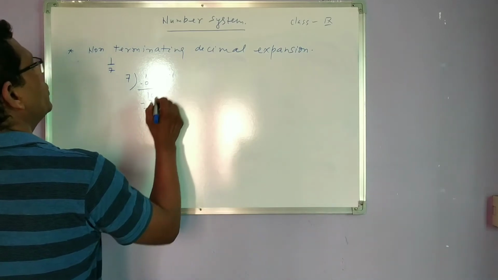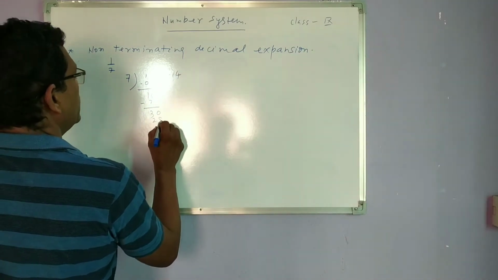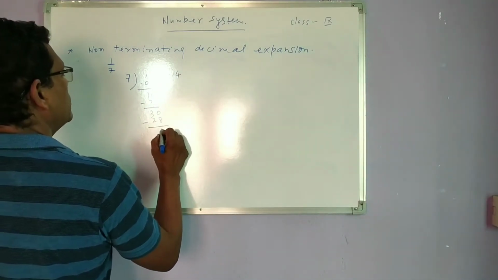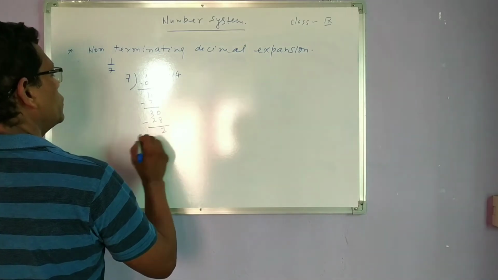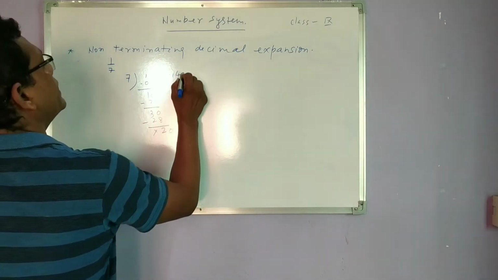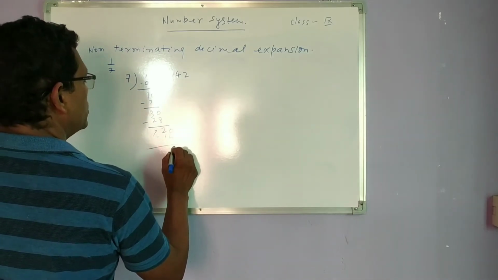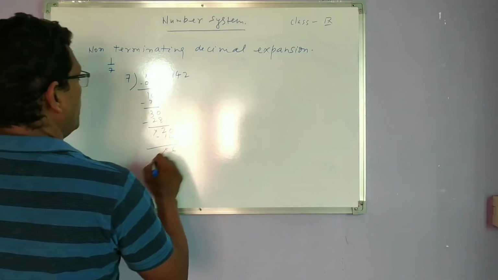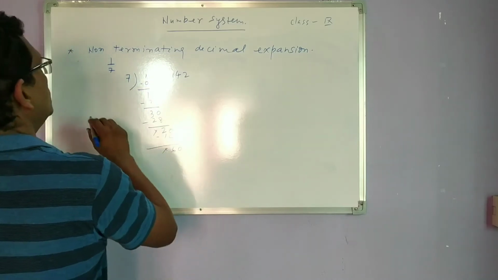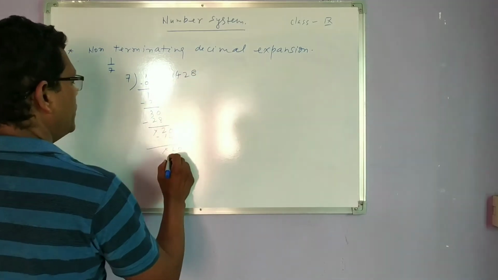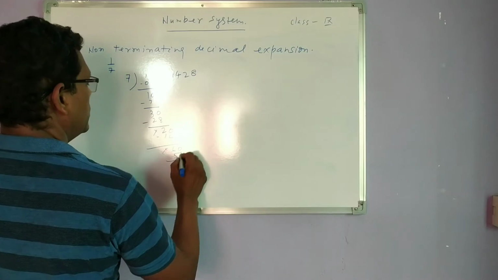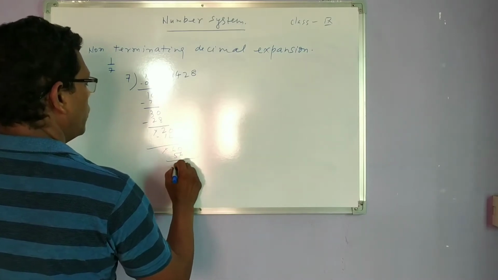Then 10, 7 times 4 is 28, subtract 10 minus 8, 2. 20, 7 times 2 is 14, 10 minus 4, 6. 10, 7 times 8 is 56, 10 minus 6, 4.